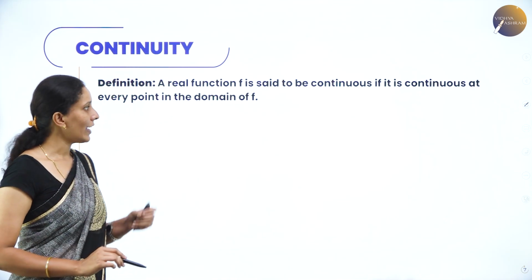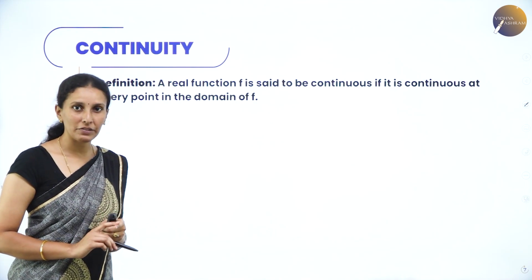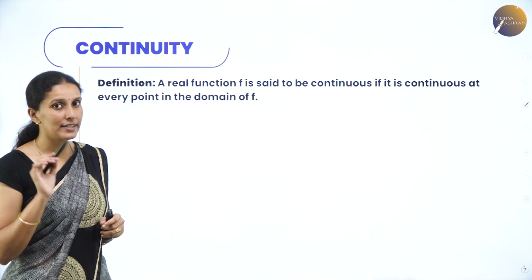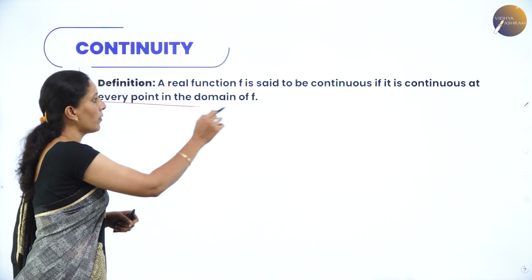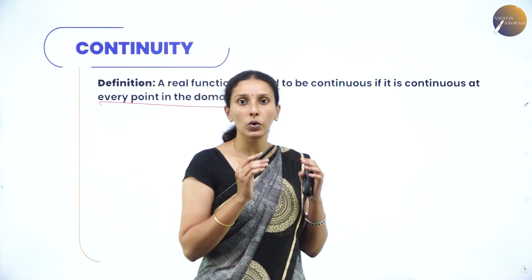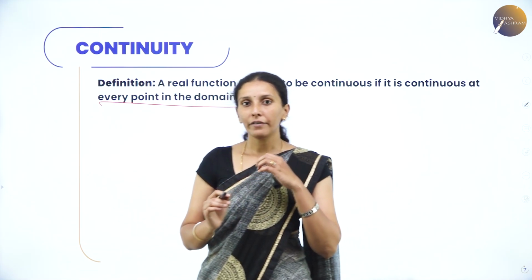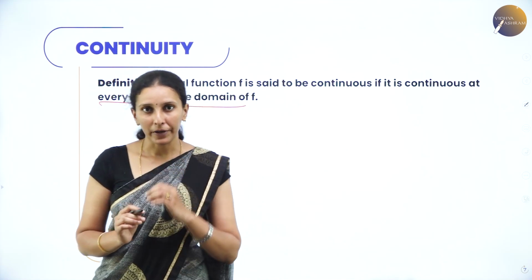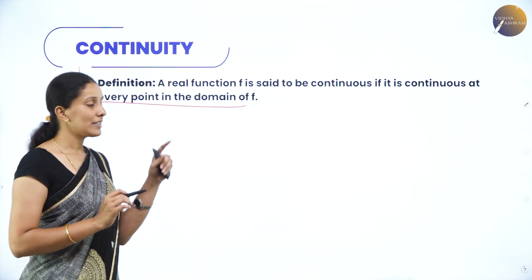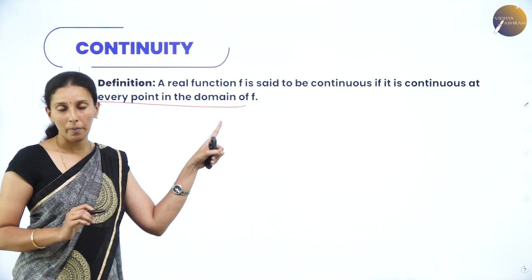One more definition we have for a continuous function, that is, a real function is said to be continuous if it is continuous at every point in the domain of f. We know that a function has its own domain and range. So whenever a domain is defined for a particular function, it is said to be continuous if it is continuous at every point in the domain of f.